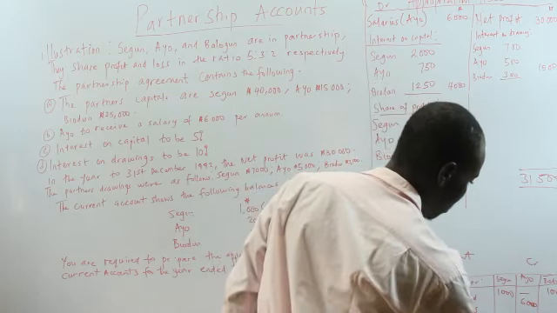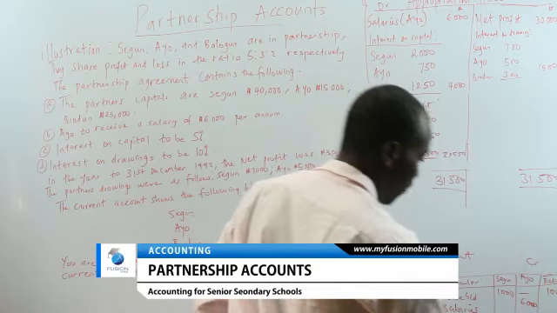So the next thing we have is share of profits. We have 10,750, we have 6,450, so we have 4,300.